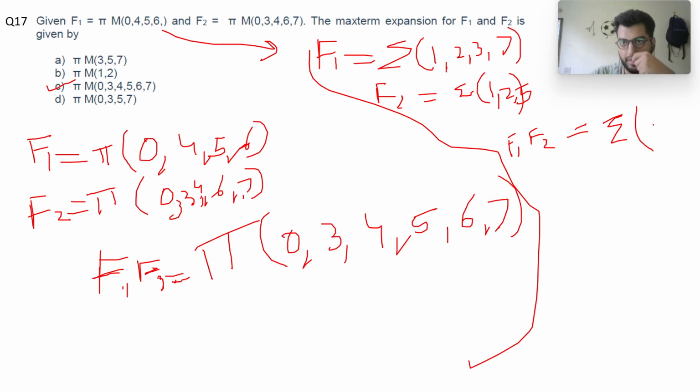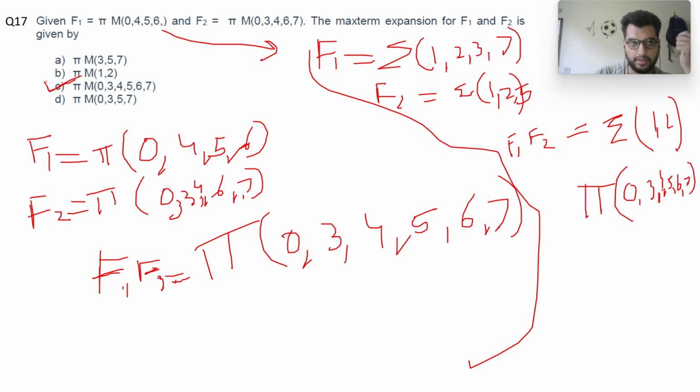The ones present in both are 1 and 2. 5 is not present in both, so it's 1 and 2. So the SOP expression would have been 1, 2, but we need to write down the product of max terms. So all those terms that are not present here are the max terms 0, 3, 4, 5, 6, 7. That is option C.